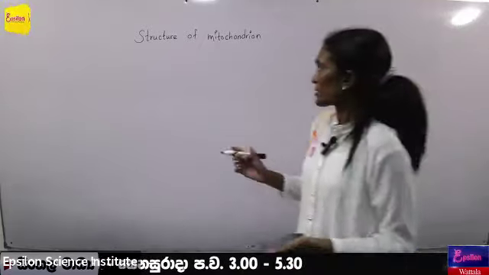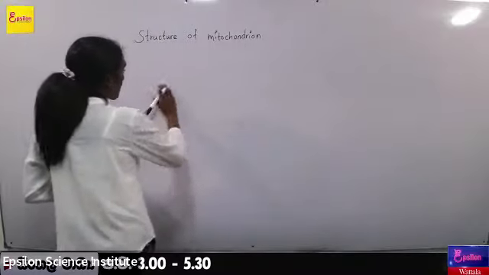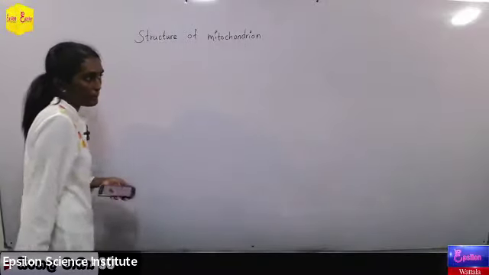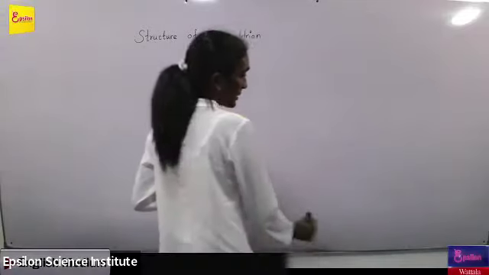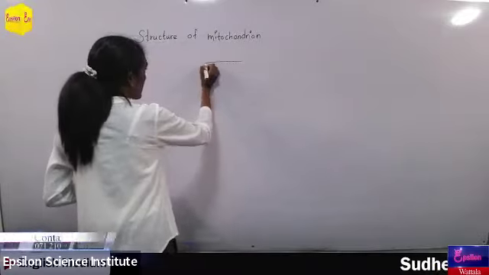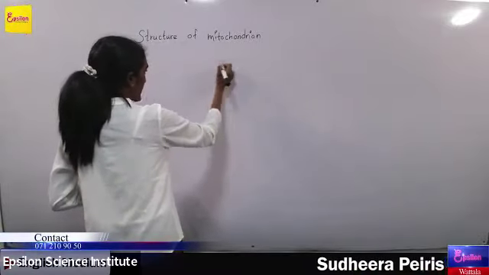I'm going to draw the structure of the mitochondrion. Mitochondria is the plural term. Mitochondrion is the singular term. Okay? Right. So it is an elongated structure.